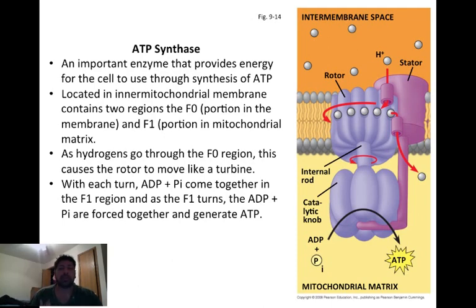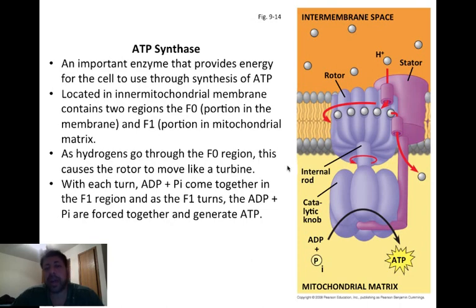Ultimately, when the concentration gradient is high enough, these hydrogen ions start flowing down their concentration gradient, and they go through this complex, which is the ATP synthase. Now, the ATP synthase itself is broken up into two parts. One is called the F0 region. This is the portion within the membrane, this turbine-like feature. And then it has the F1 portion, which sticks out into the mitochondrial matrix.